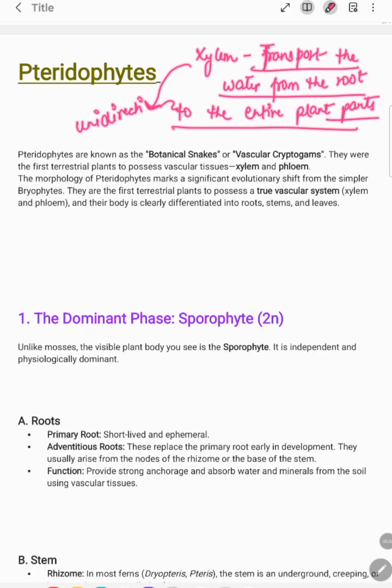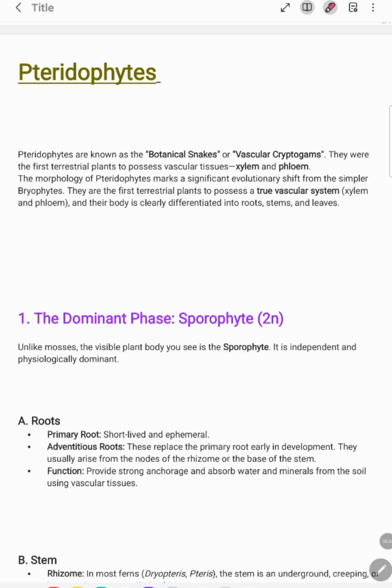The movement provided by the xylem is unidirectional, meaning in only one direction. The direction is from bottom to up, or you can say upward.